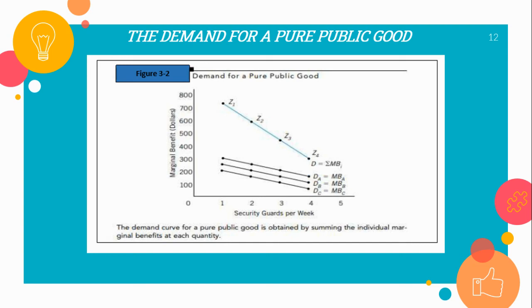So adding the marginal benefit received by each consumer from any number of security guards in this way gives points on the demand curve for the pure public good. So this curve is labeled, ito, makikita mo yung below C4.